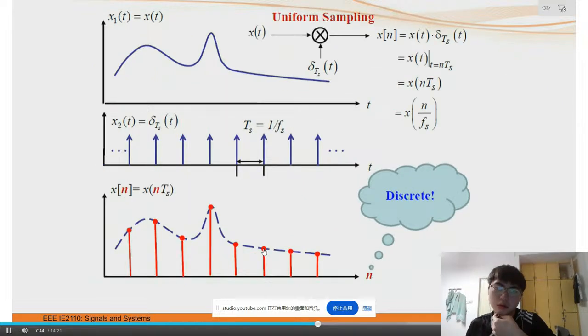And the same output of this uniform sampling can also be represented as a digital signal, x[n], by replacing t here by nTs. So if I substitute t by nTs, this will be nTs, or n over fs, where fs is my sampling frequency and Ts is my sampling interval.